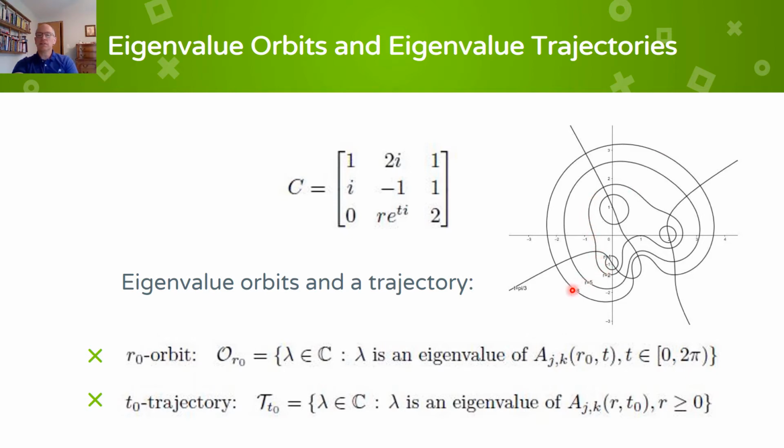This is r equals 5, this is r equals 6. And I also graphed one trajectory. This is when you set t equal to pi over 3, and of course this curve is going to go through each of the r equals 0 eigenvalues because we're varying r. But this is the shape that we get.